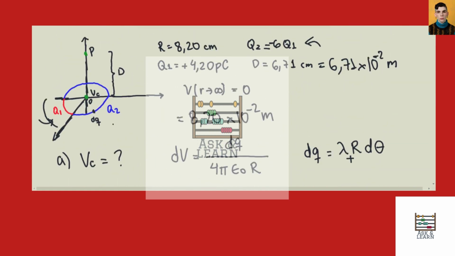We can see this easily from the picture. It will be this distance in here, and it can be calculated as the hypotenuse. So it should be d squared plus r squared, the square root of all of this sum.